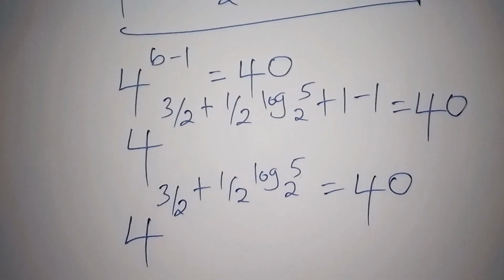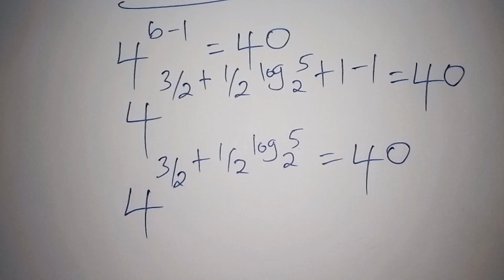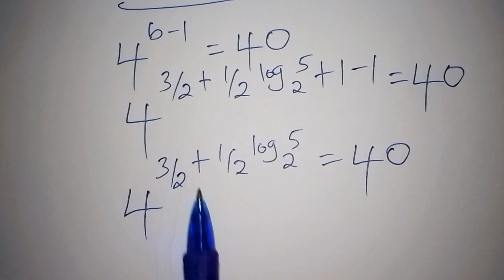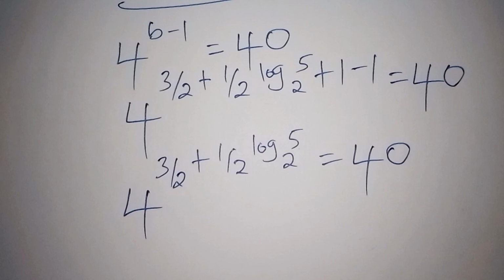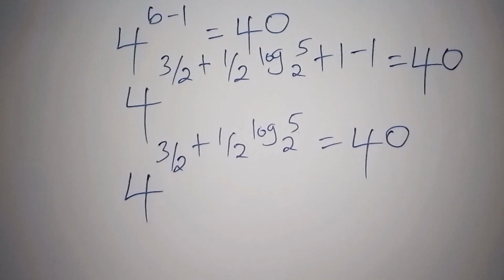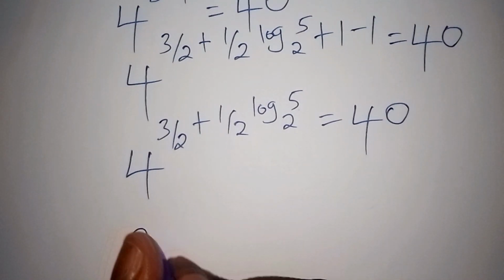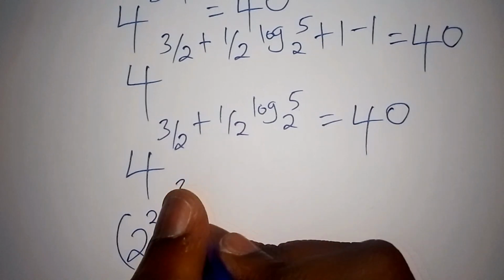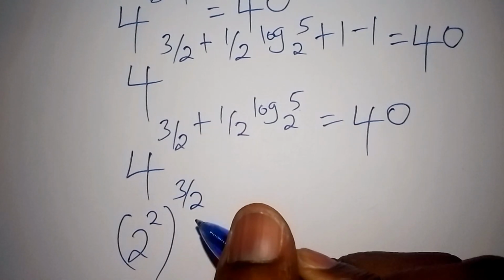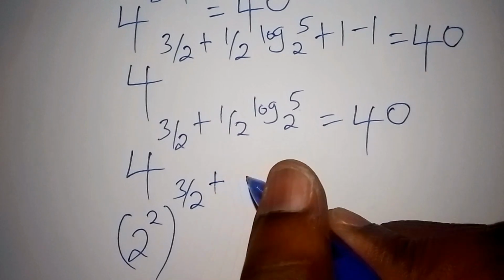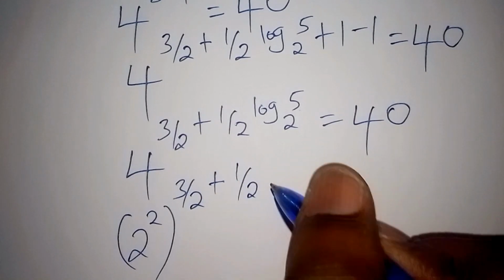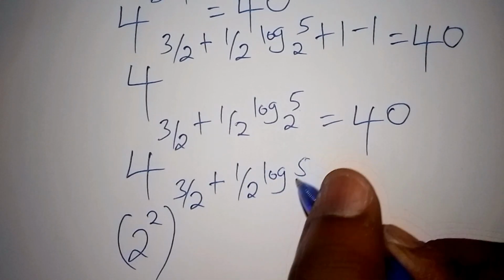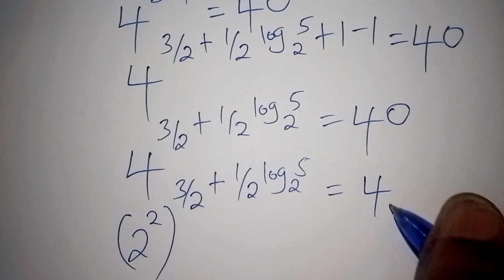So in this case now we shall have to multiply this 4 to the power of 3 over 2. So let's now change it into an index number. So 4 we shall now have 2 to the power of 2, then to the power of again 3 over 2, then plus a half, then the log of 5 to the base of 2 is equals to 40.